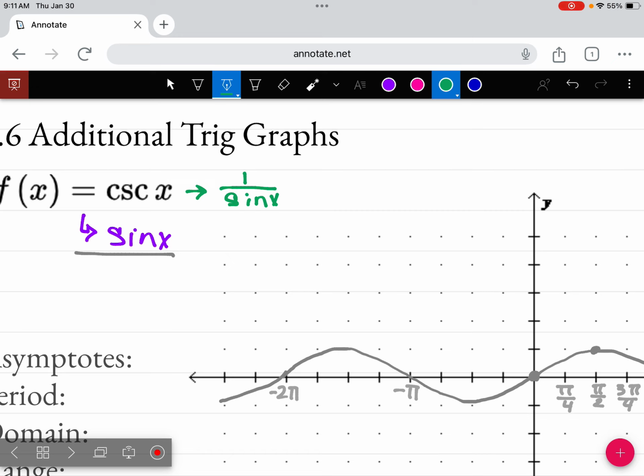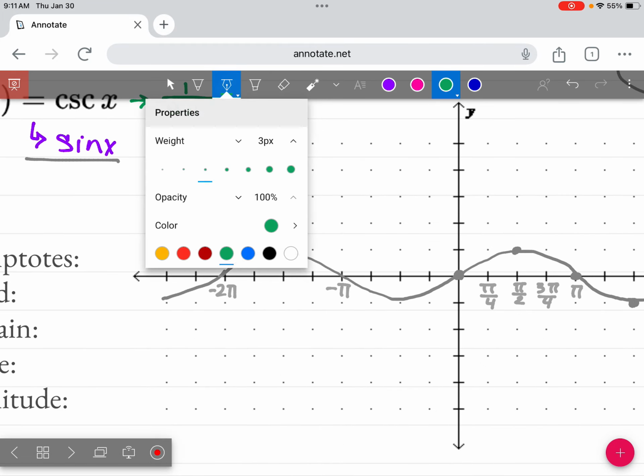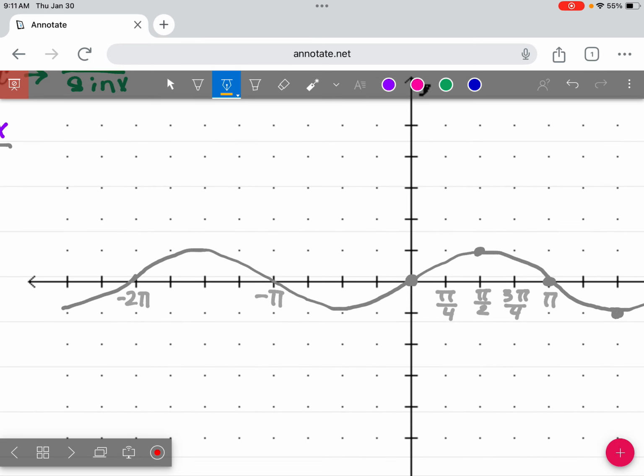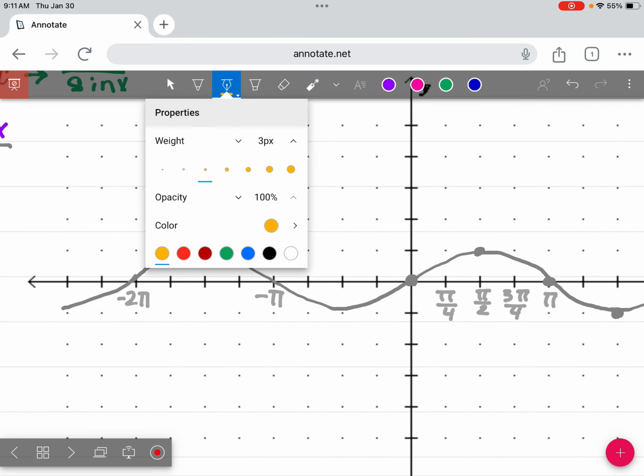Like, where do we get asymptotes if we divide by what? 0. So every place that we have a 0, we're going to have an asymptote for cosecant because we cannot divide by 0. So we are going to have a gabillion and a half asymptotes. So every place that we have a 0 for sine, we're going to put an asymptote. And yes, you have to draw them.